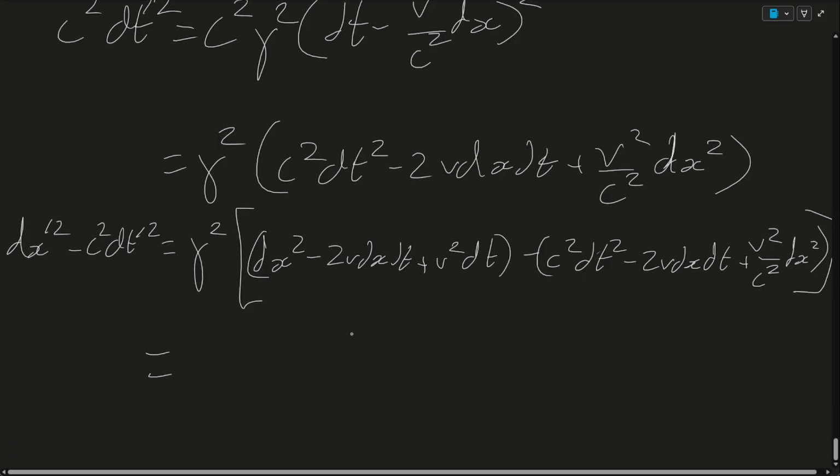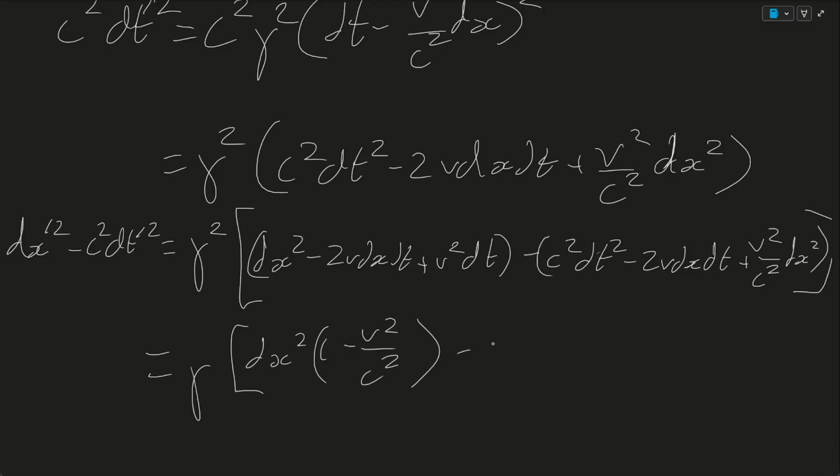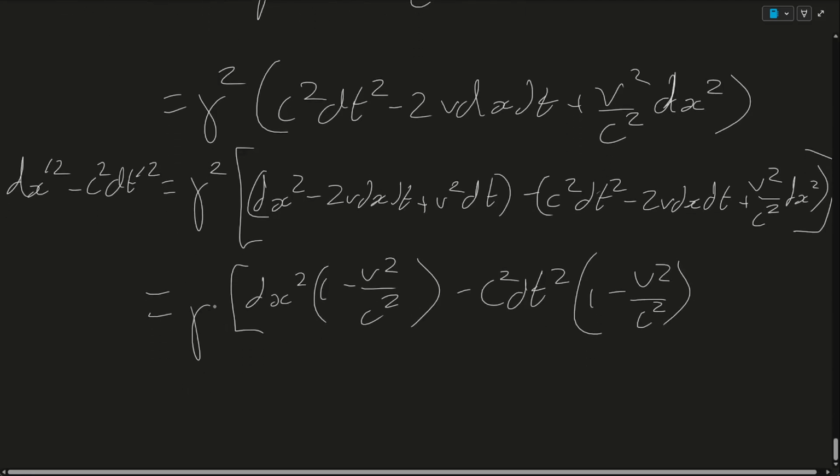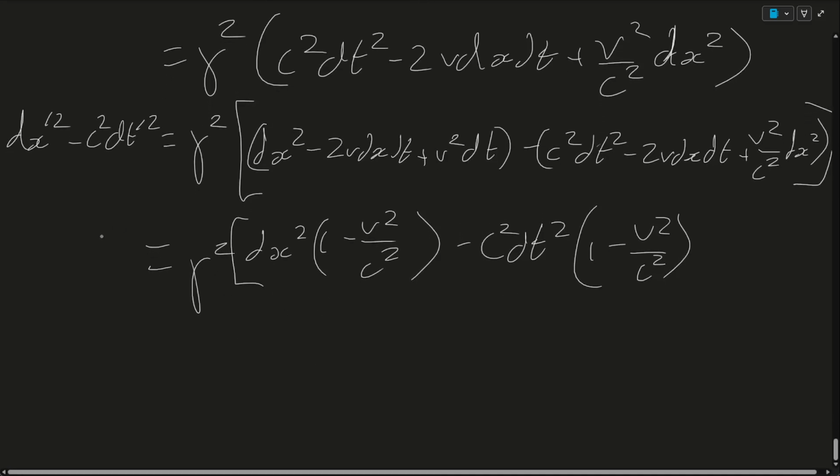Barely fits, but everything should sort of cancel out now. That'll be gamma squared, dx squared factor 1 minus v squared over c squared, minus c squared dt squared factor 1 minus v squared over c squared. That's a multiple of gamma squared, in fact, 1 over gamma squared, so gamma squared times 1 over gamma squared times dx squared minus c squared dt squared.